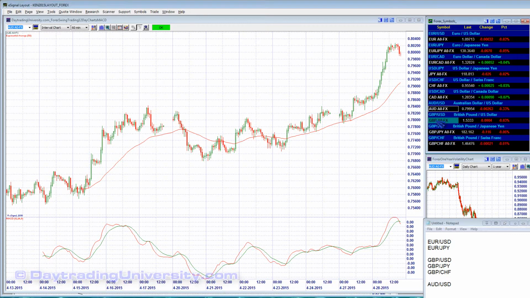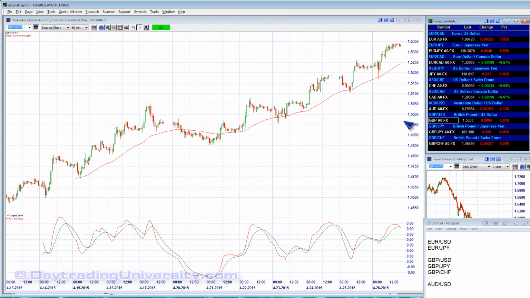I don't like shorting anything. I don't like trading anything that's trending down. I only like dealing with things that are trending up. It's just a personal preference, and you'll probably find on any given day 3 pairs trending up on the hourly chart, and you'll find some good trading opportunities, so you don't have to wait for the Australian dollar to do its thing.